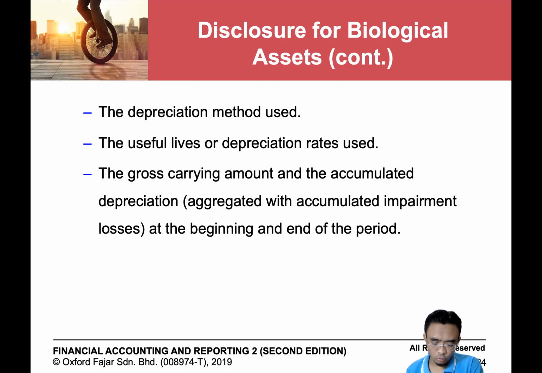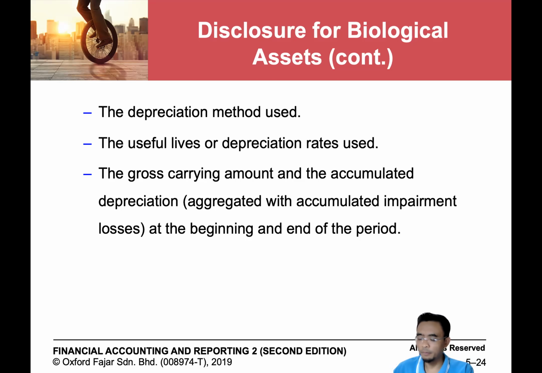Plants cultivated to produce agricultural produce when there is more than a remote likelihood that the entity will also harvest and sell the plant as agricultural produce, other than as incidental scrap sales. For example, trees that are cultivated for both their fruits and their lumber.